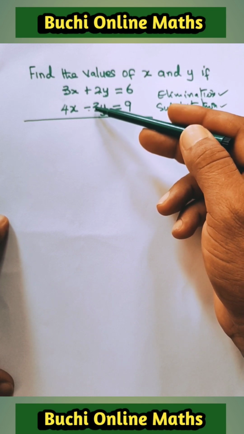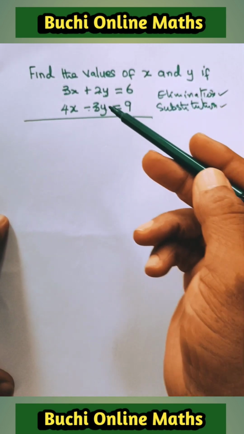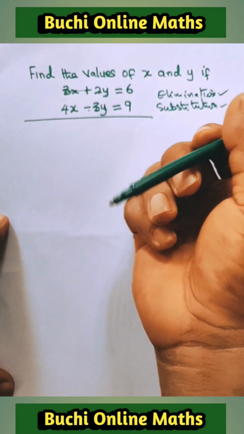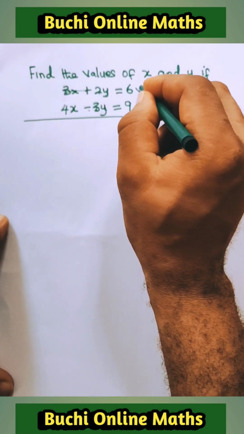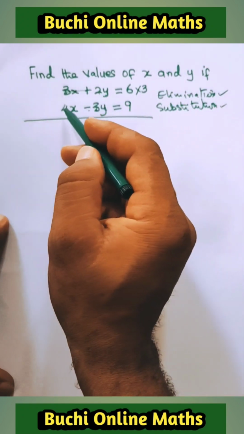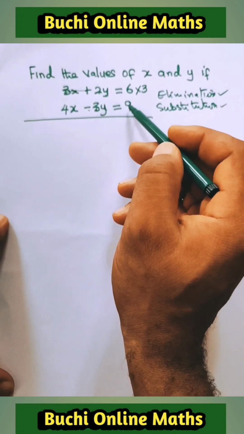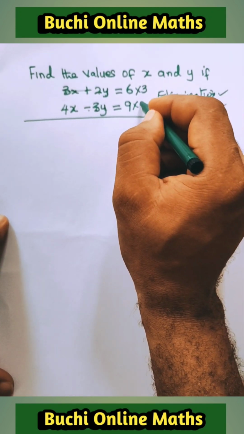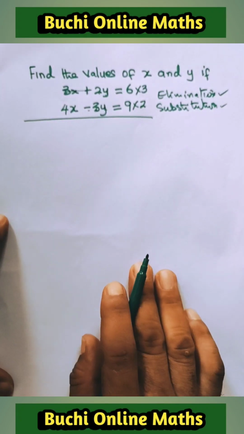So in order to make sure the coefficients are equal, let us multiply the whole of equation 1 by this coefficient, which is 3. So we say equation 1 multiplied by 3. And let's multiply the whole of equation 2 by the coefficient of y here, which is 2.